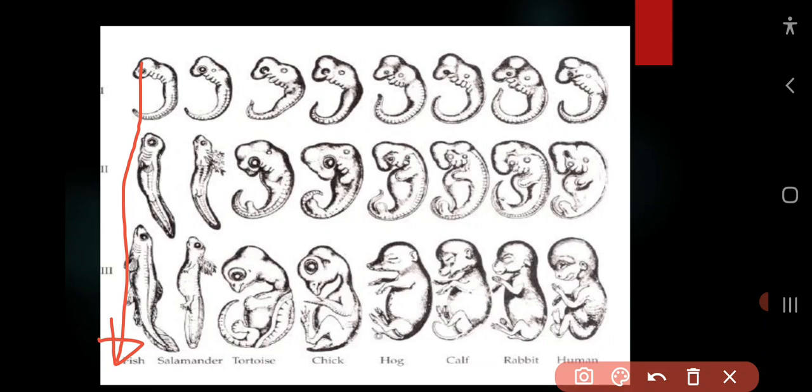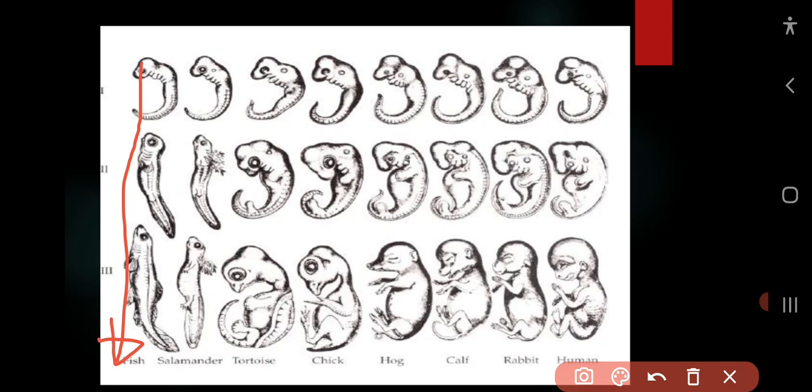So Haeckel was saying that ontogeny recapitulates phylogeny. Ontogeny is the development of an organism from the embryonic stage, from the egg up to the adult form.